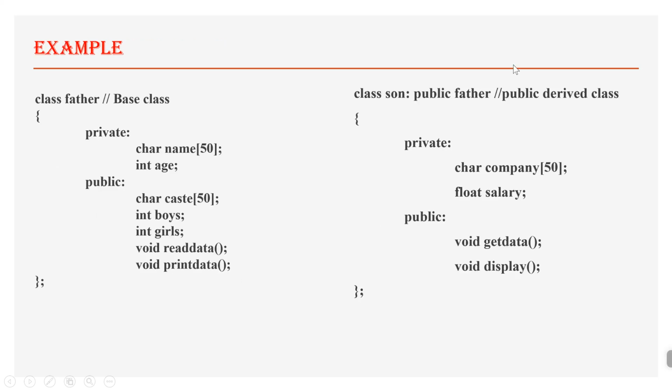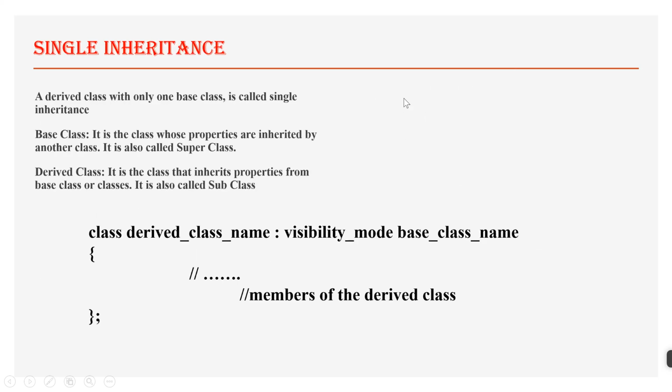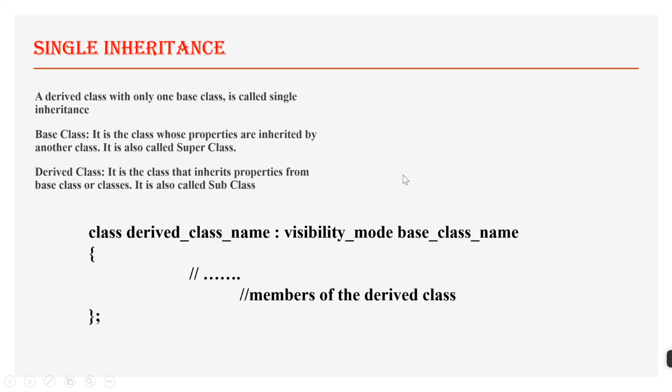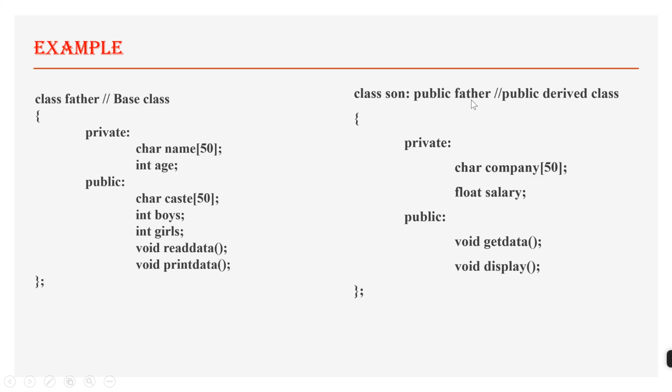What is the derived class name here? Son, colon, visibility mode. What is the visibility mode? Public. Then it is a base class name. So what is the base class name here? Father. So father is a base class. Son is a derived class which is inheriting the properties of the base class within the public mode.